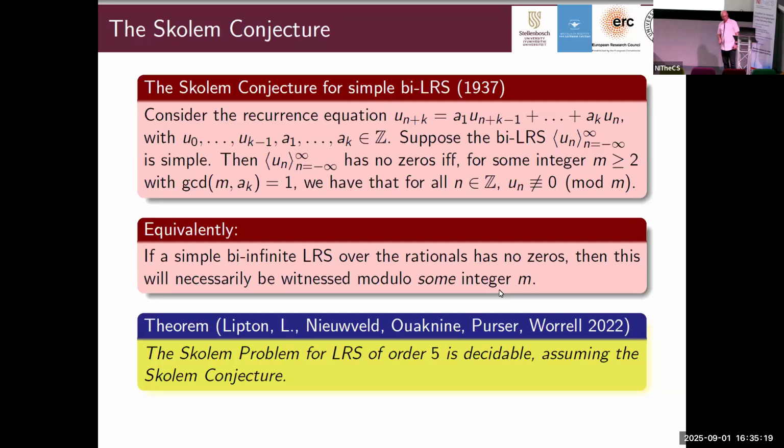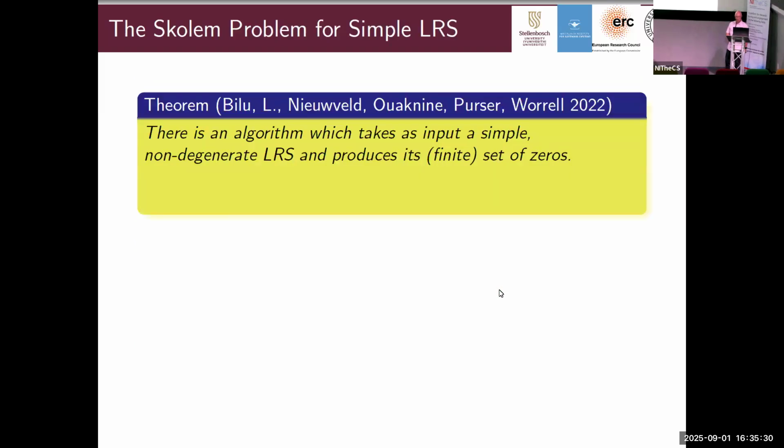And then we had a little contribution a few years back where we proved that order 5 is decidable if we assume the Skolem conjecture. And then maybe one of our best works until maybe this year is an algorithm that takes as input a simple non-degenerate linear recurrent sequence, and produces its finite set of zeros.